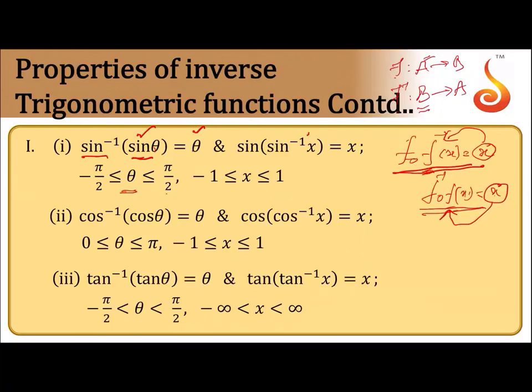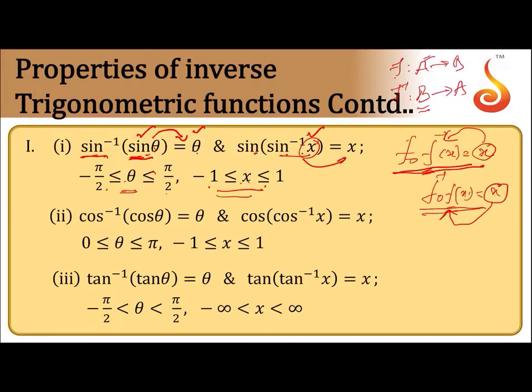Whereas sine of sine inverse x, where x belongs to -1 comma +1, and sine inverse x is also a bijection, gives x. So sine inverse of sine theta is theta, and sine of sine inverse x equals x. You need to remember that sine inverse and sine get cancelled and give us theta, provided theta belongs to the domain of sine theta.